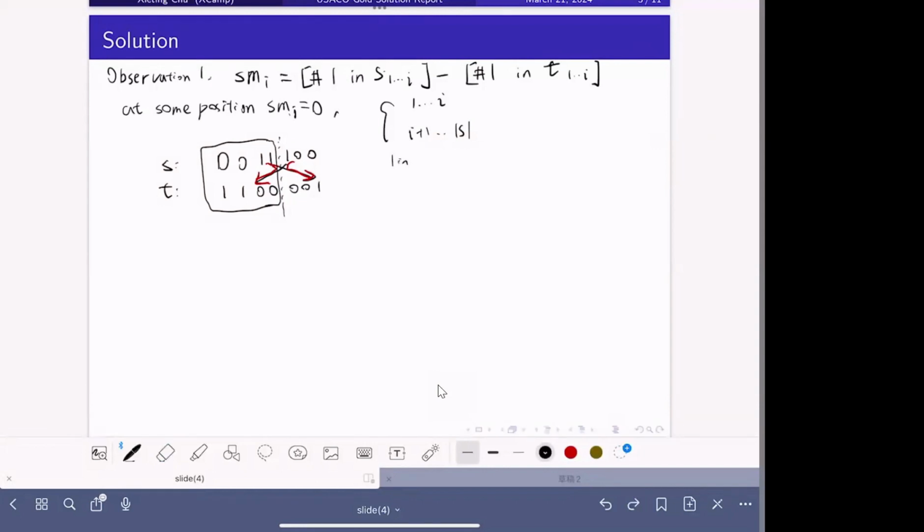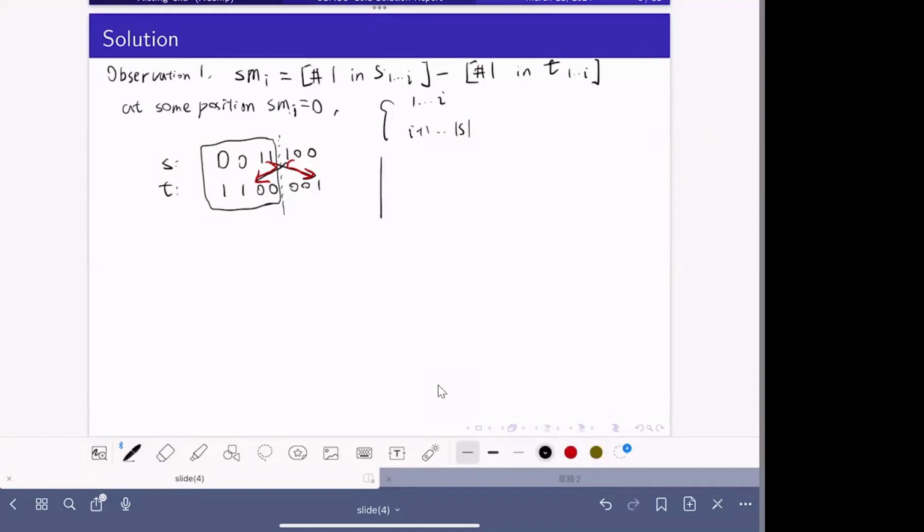Since the swap operation is reversible, we can always think that the ones in S are to the left of the ones in T. If not, we just swap S and T.